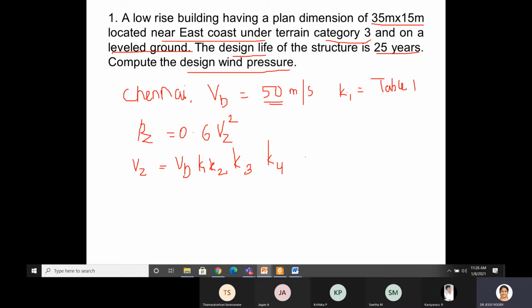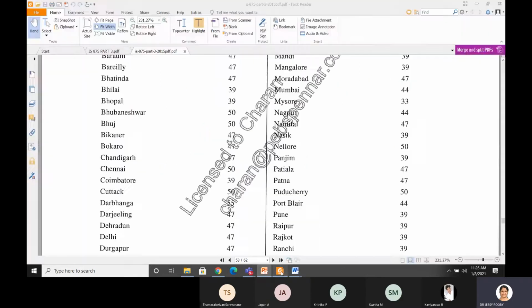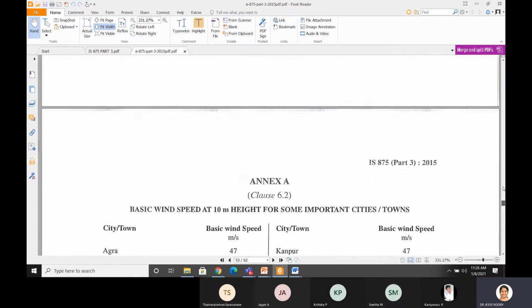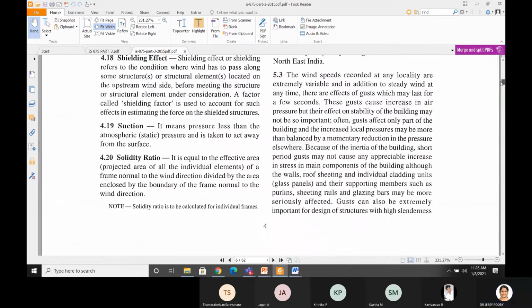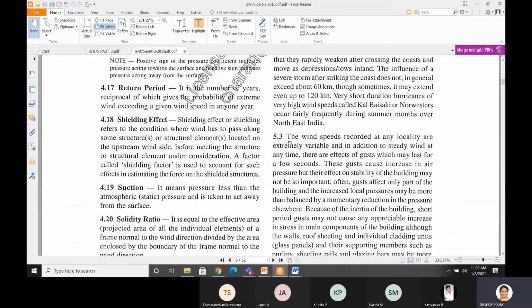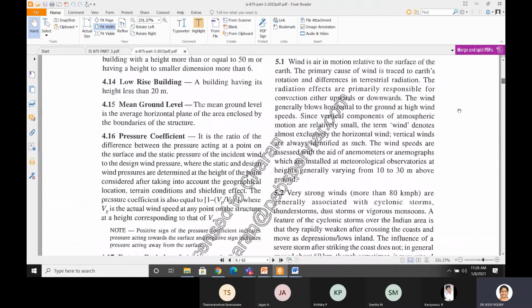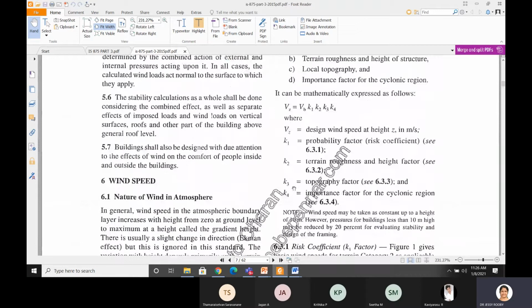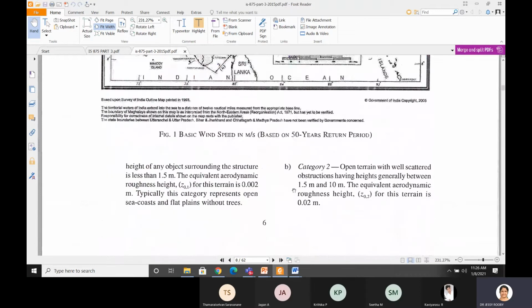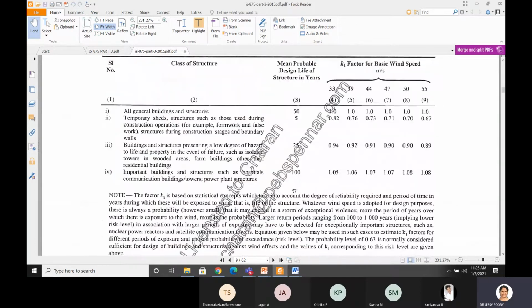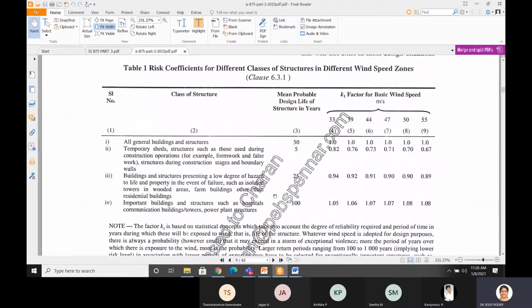Table 1 of IS 875 Part 3 will give you this. Which page is it? It is page number 9. Note down: page number 9, Table 1.